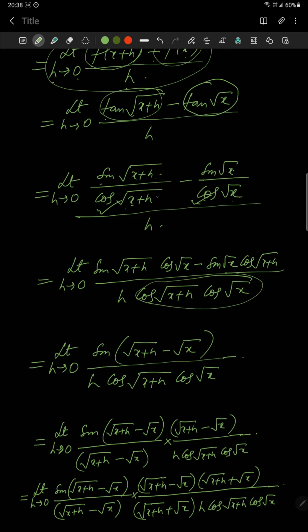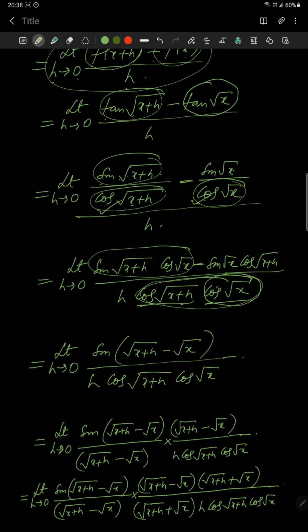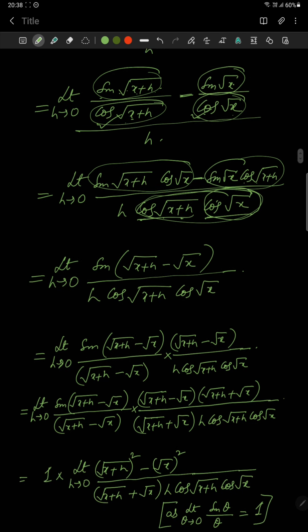And then with this, if we divide this whole thing, cos root over x is left. Cos root over x multiplied by sine root over x plus h gives you this much, minus sine root x into cos root over x plus h.